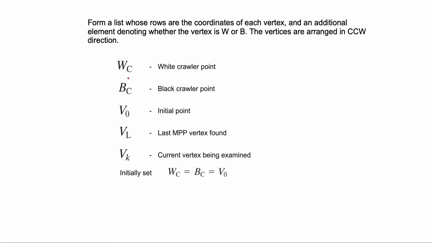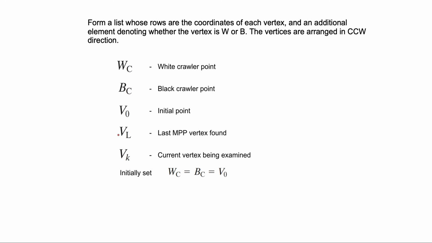We use two crawler points, WC and BC: WC is a white crawler point and BC is a black crawler point, and these crawl along white and black vertices respectively. V0 is the initial vertex, and VL is the last MPP vertex found.